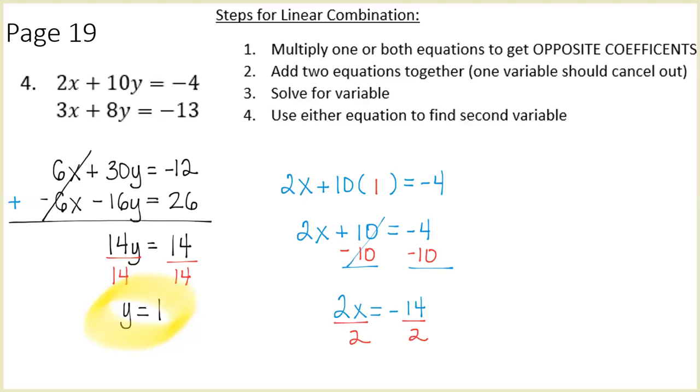Divide by 2, and x equals -7. So our solution is -7, 1.